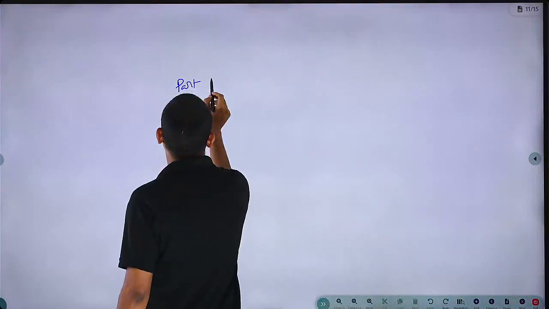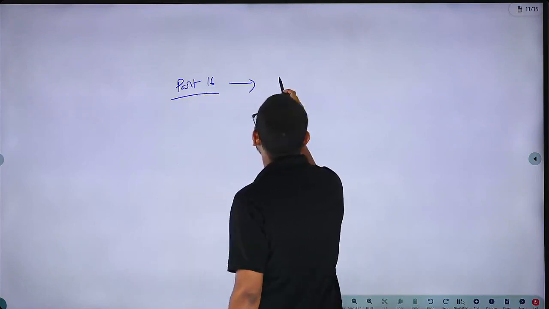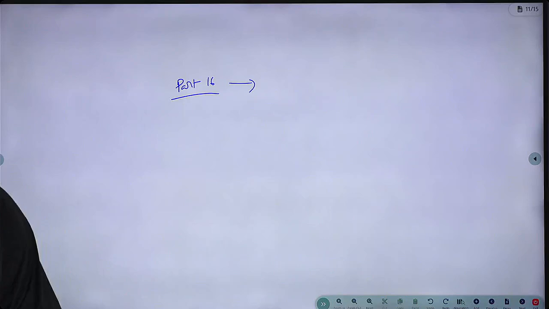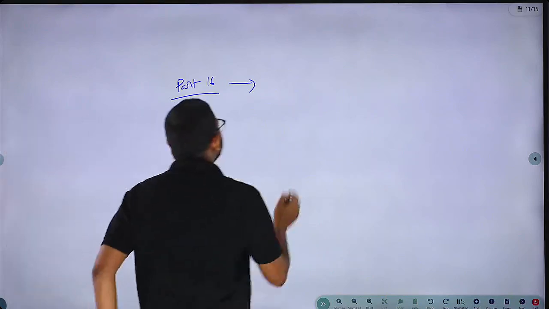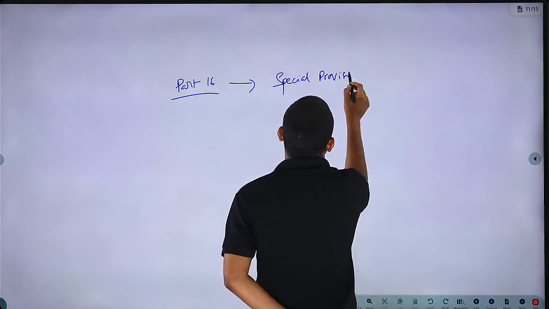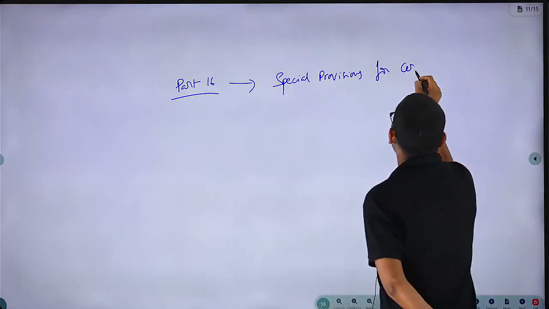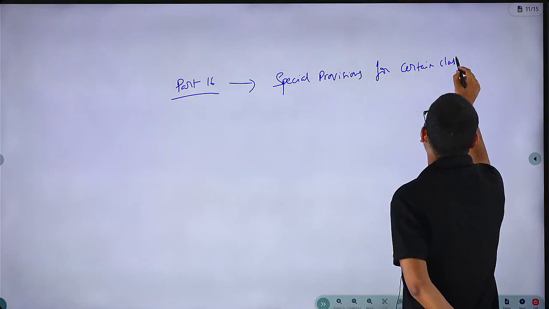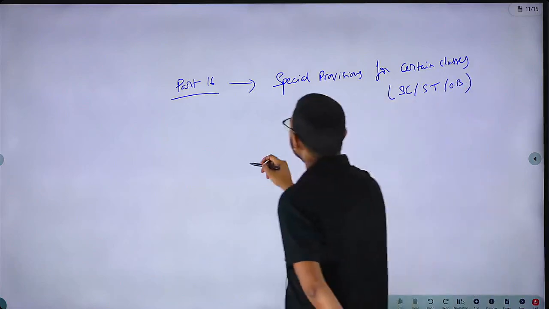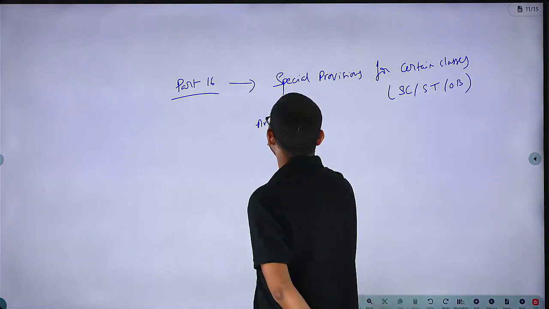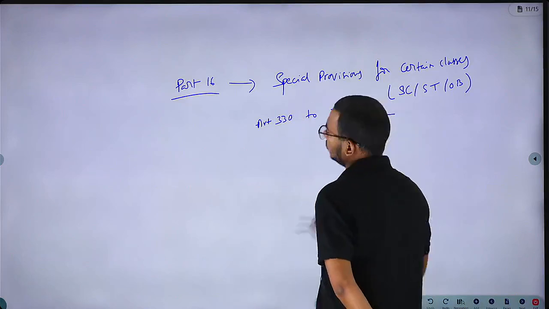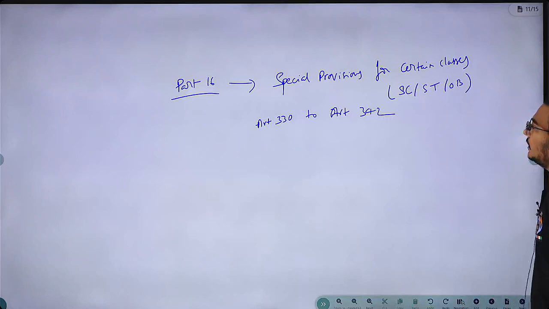So Part 16 is talking about special provisions for certain classes. When I say certain classes, SC, ST, OBC. So the articles covered in Part 16 are Article 330 to Article 342.